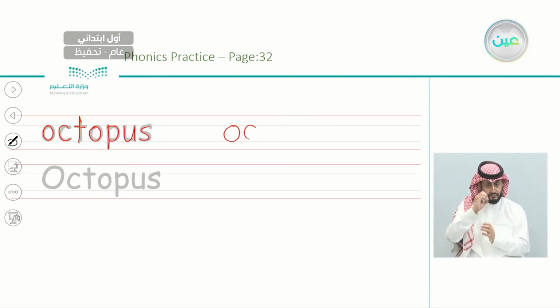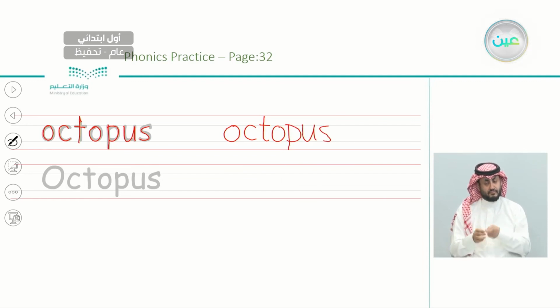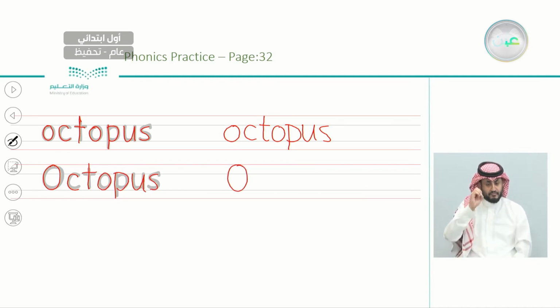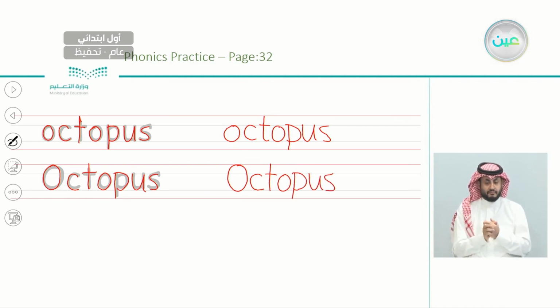O, C, T, O, P, U, and S. Okay, last time with a capital letter O. O, C, T, O, P, U, and S. Okay, so this is octopus.